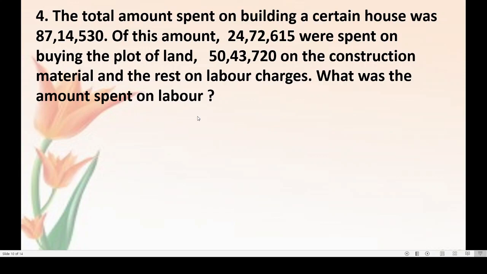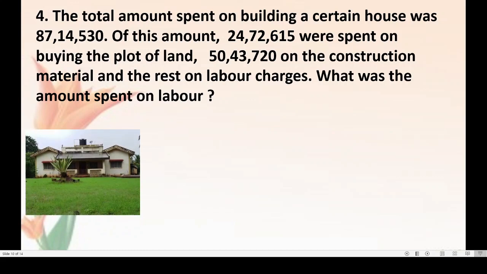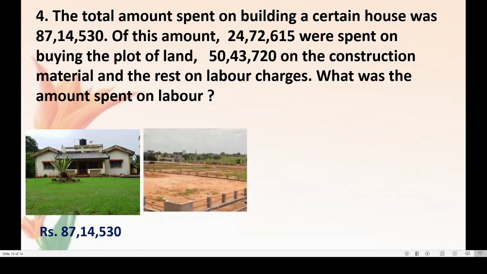Okay, first I will try to show you. See this. This is a house. Amount spent on building this house is rupees 87,14,530. Okay. Now here see this. This is a plot. To buy this plot, he gave 24,72,615. Correct?